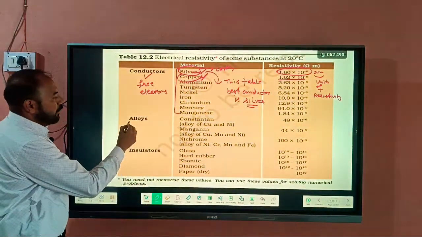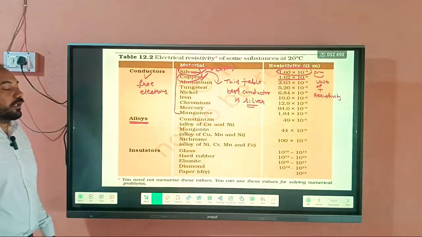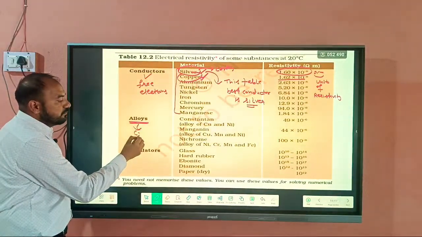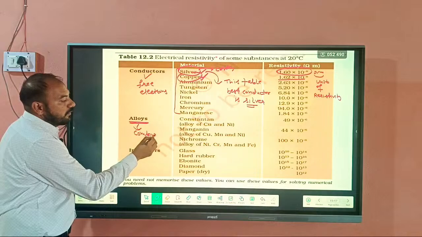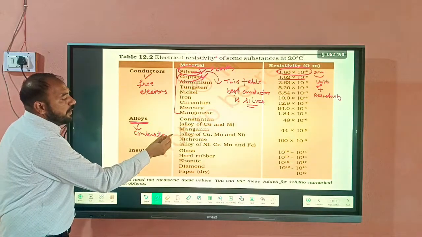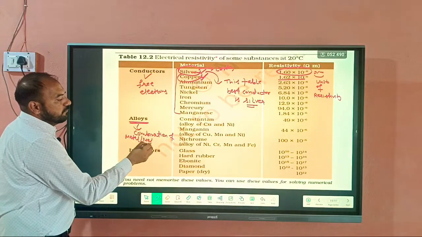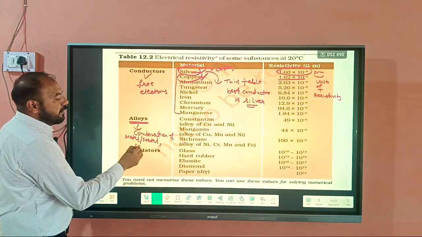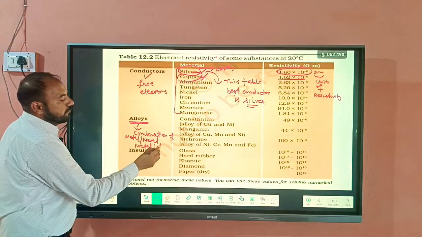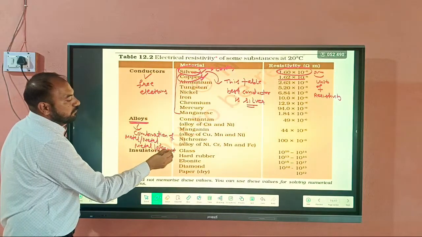And another is alloy. What is an alloy? That is a combination of metal and metal, or metal and non-metal.